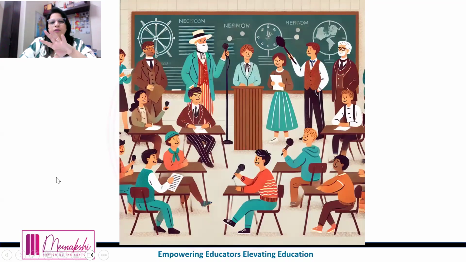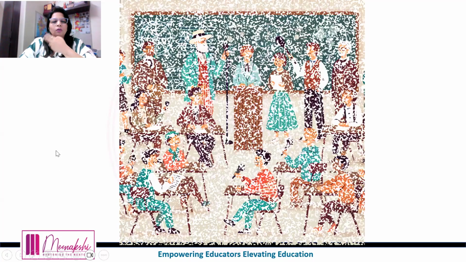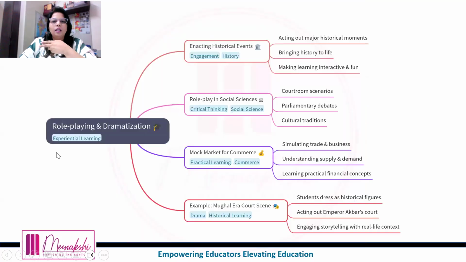And here, as you can see in the image, yes, you guessed it right. They're role plays, right? Role plays, dance, drama, etc. Enacting various historical events, the children can act it out, bringing history to life and making learning interactive and fun.